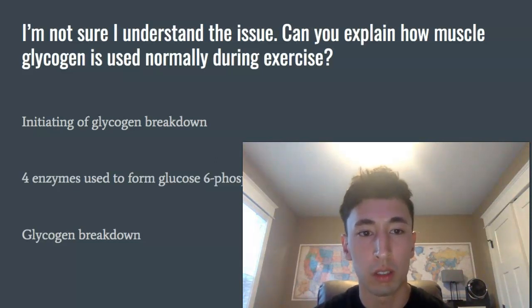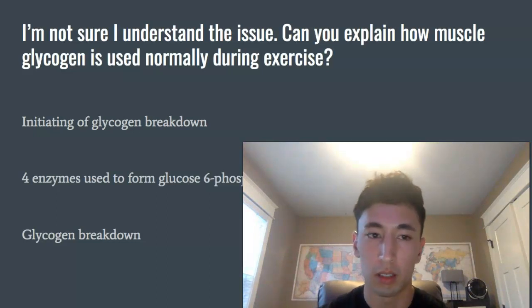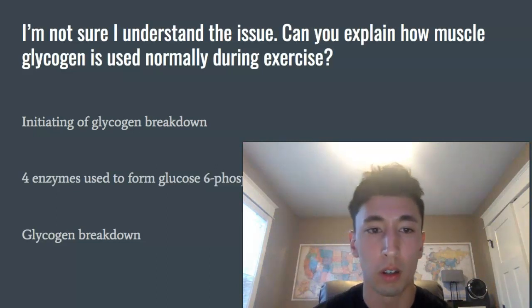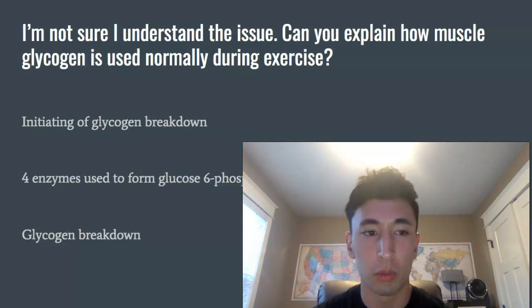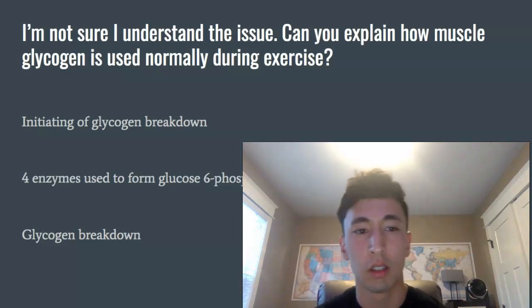Glycogen phosphorylase cleaves the alpha-1,4 glycosidic bond by using the enzyme and an orthophosphate, which is HPO4 2-. This forms glucose 1-phosphate. To continue glycogen breakdown, we use the enzymes transferase and alpha-1,6 glucosidase.